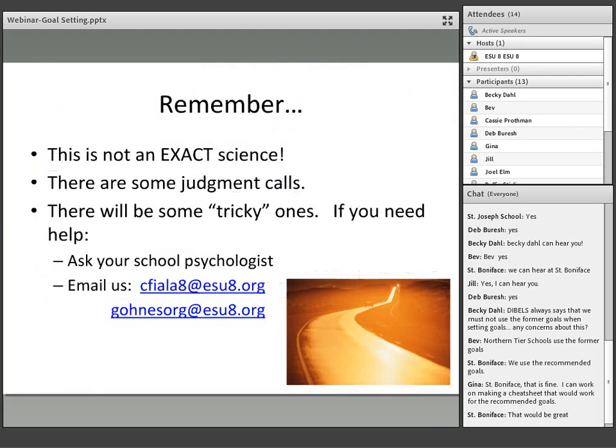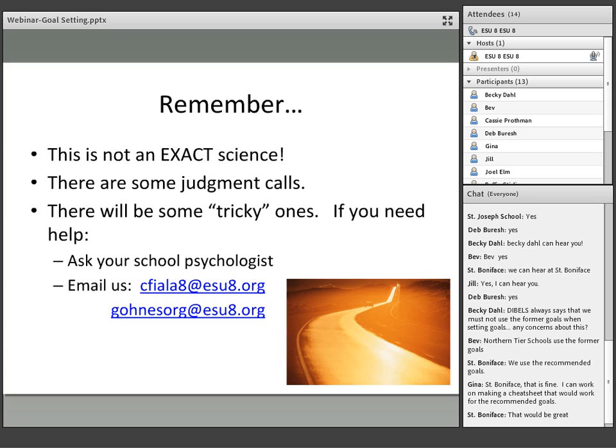So just to end, if you have any questions, go ahead and type those in and we'll try to answer those. But just as we close here, remember this is not an exact science. We hope that this gave you, I know it's a brief overview, a little bit of practice. Your school psychologist can certainly help you with goal setting.